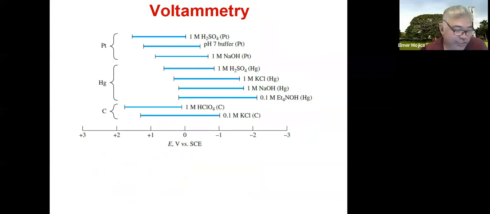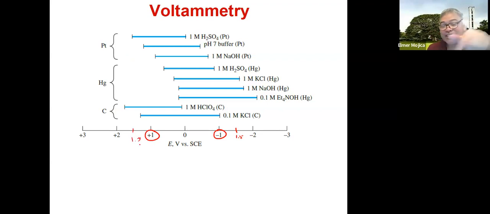Now you can have a voltammetry wherein you have the potential regions for the 3 types of electrodes that you use at different supporting electrolytes. So look at the window. Usually the window that we utilize is just this. In some instances, you go to 1.5.